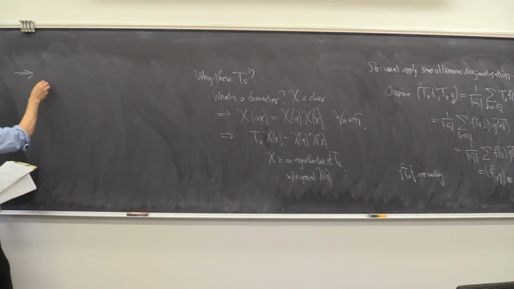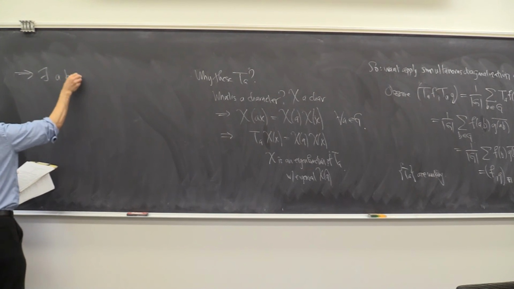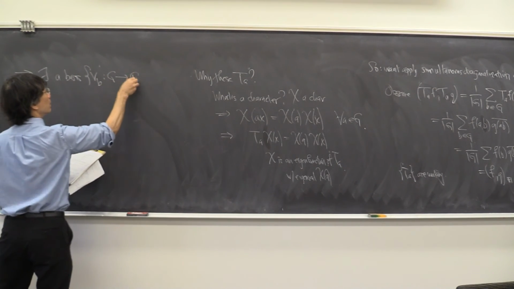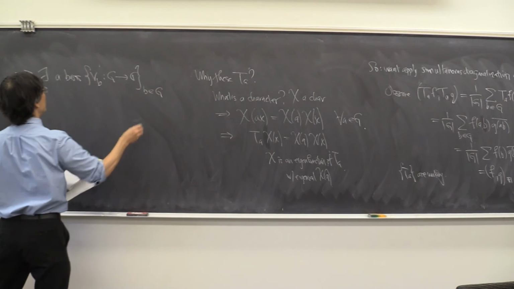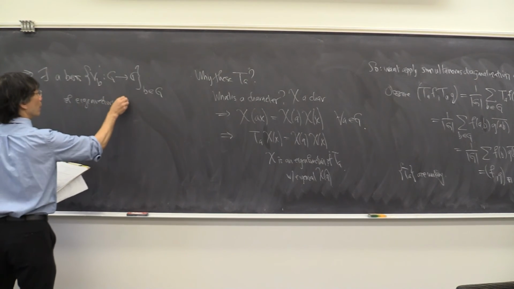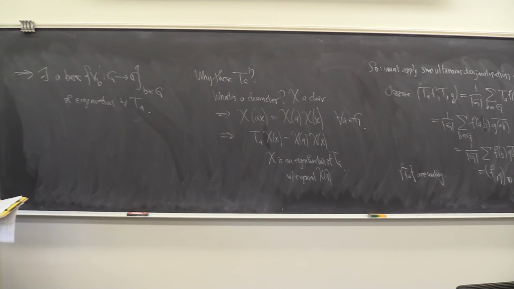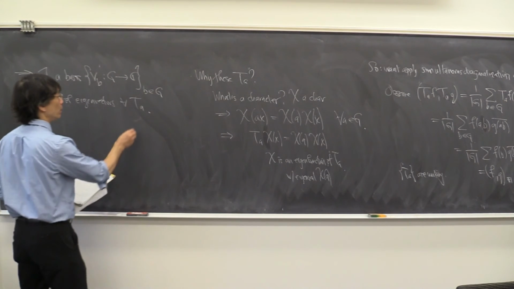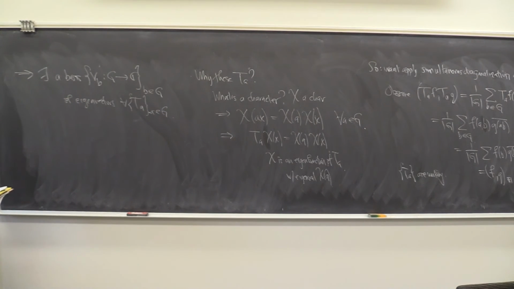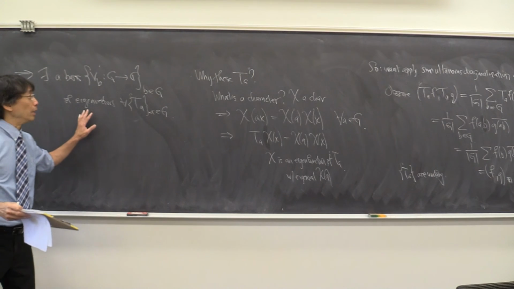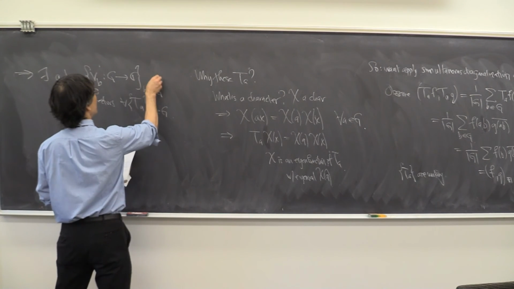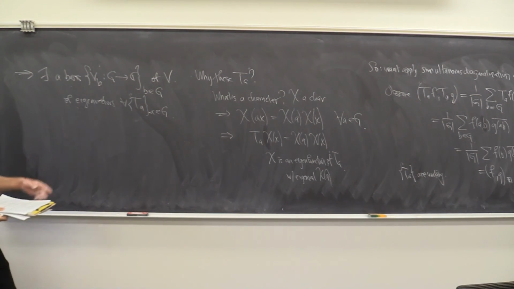So there exists a basis V sub B of eigenvectors for all the T_A, right? So that's a basis. That's a basis of V.